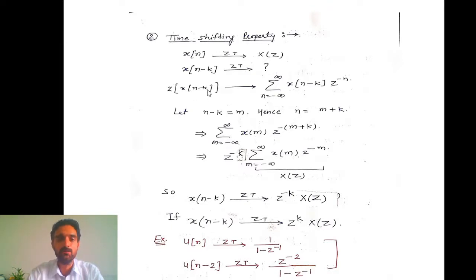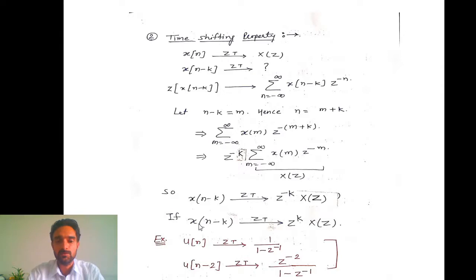If k equal to plus 2, meaning x(n minus 2), then the Z transform is z to the power minus 2 X(z). And if it is x(n plus 2), then the Z transform of this signal will be z to the power plus 2 X(z). So there can be x(n minus k) and x(n plus k).